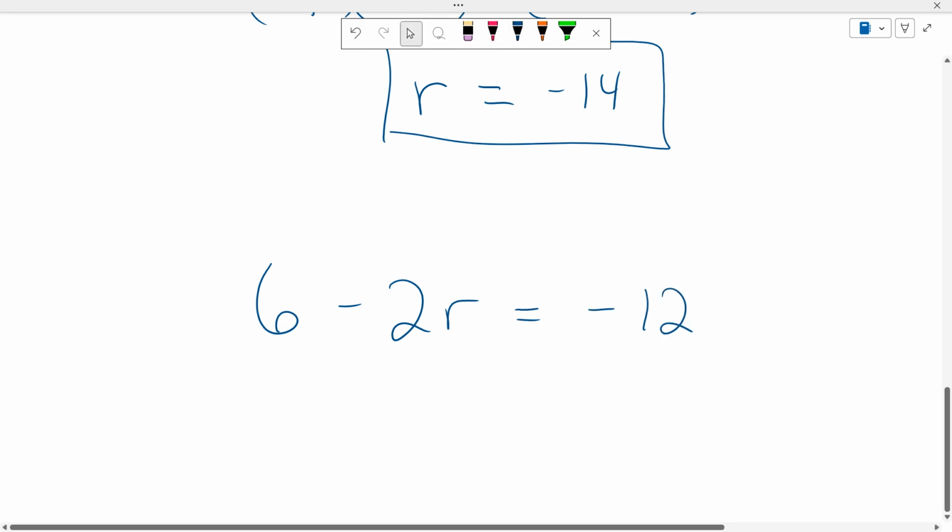Okay, Blake, what's the first step? What should we subtract?